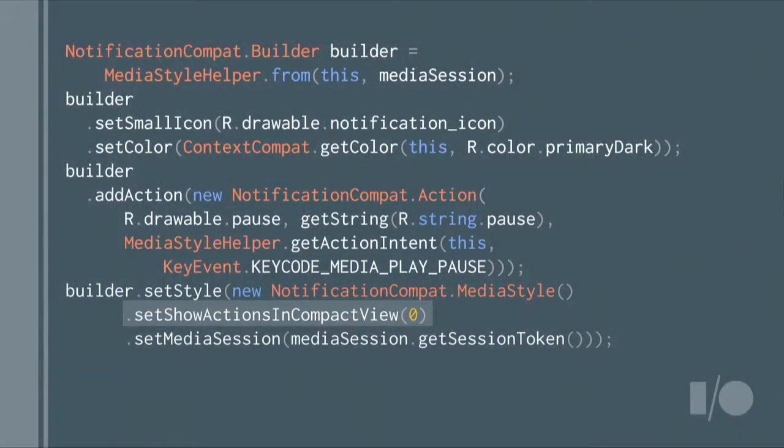And then, of course, we want to add our actual media style itself. So media style has this great property where it supports both an expanded style, the 2-line style with larger album art and up to 5 actions, as well as a compact view, where you could get only a max of 2 actions. But it still works.